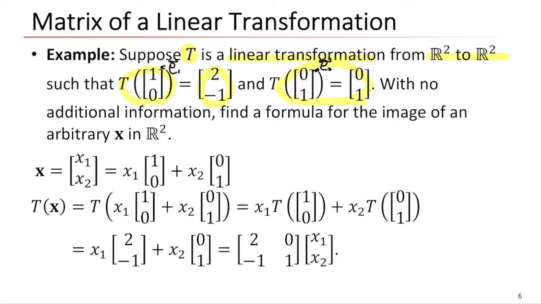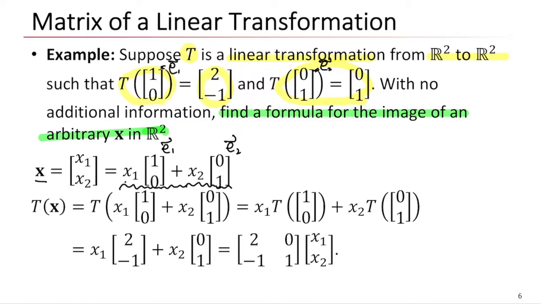Then find the formula for the image of an arbitrary vector x in R2. First of all, we already know the arbitrary vector x is x1 times (1, 0) plus x2 times (0, 1), as elementary vector 1 and elementary vector 2. Then how can you do that?